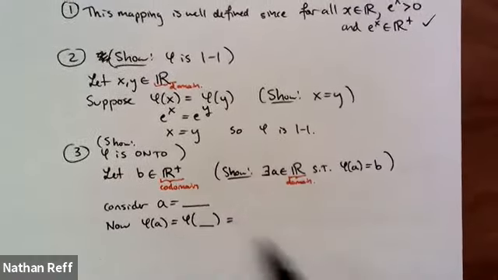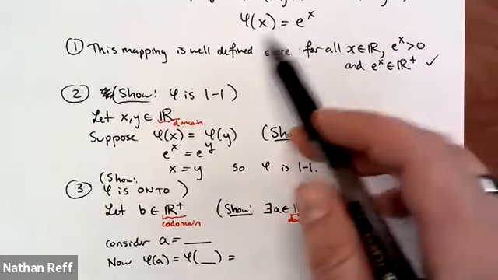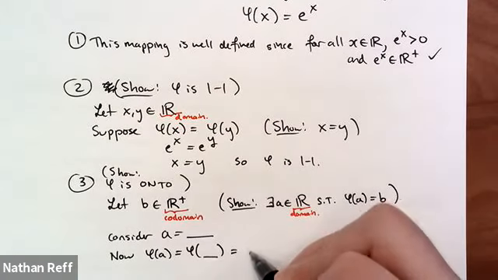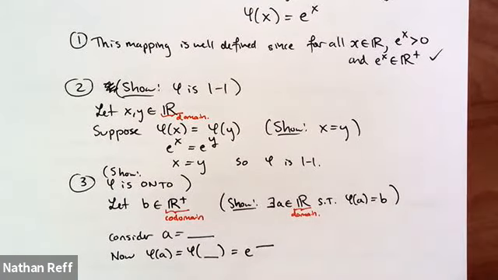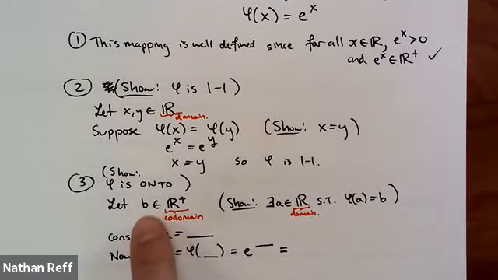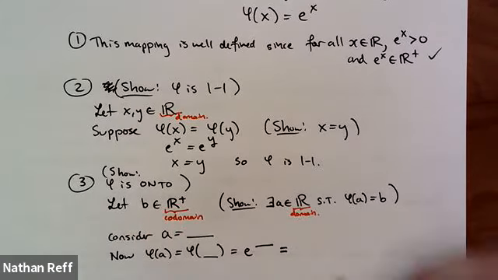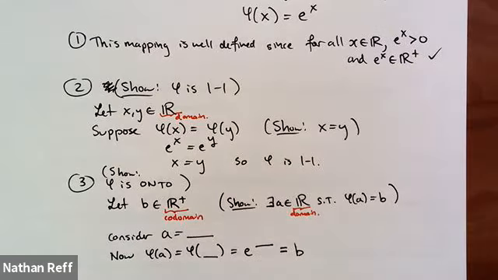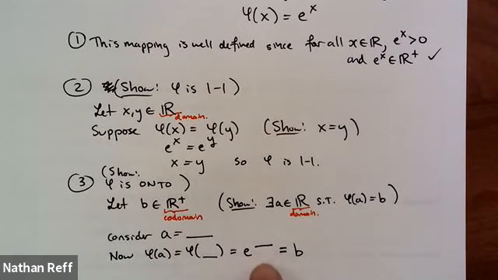Yeah, we get mapped to e to whatever that blank is, right? So it would be e to something. And what do you want this to be equal to? You want this to actually end up being equal to the original thing that you chose, right? The B here. Yeah, natural log of what? If this was natural log of B, yeah, that's it.